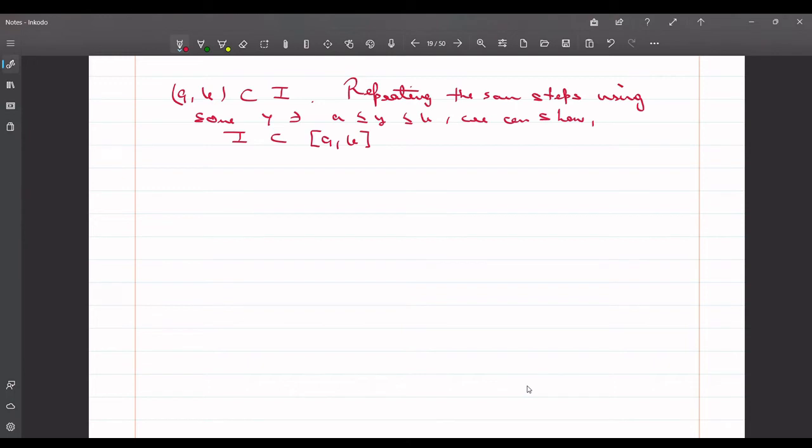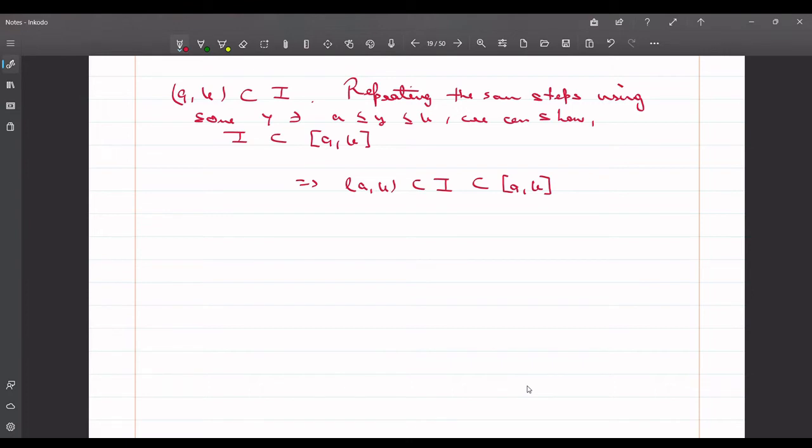And using these two facts, we basically got this open interval AB is contained in I, which is contained in the closed interval AB. So I is either of the form open interval AB or of the form closed interval AB, provided the interval is bounded from both below and above.